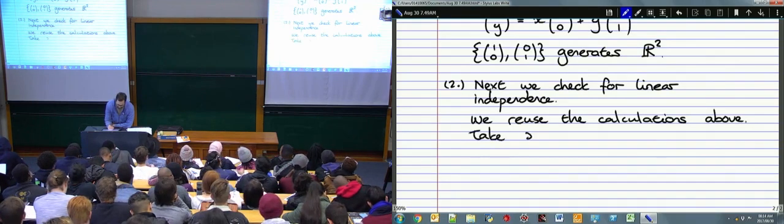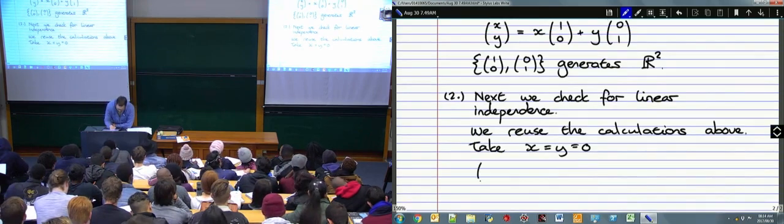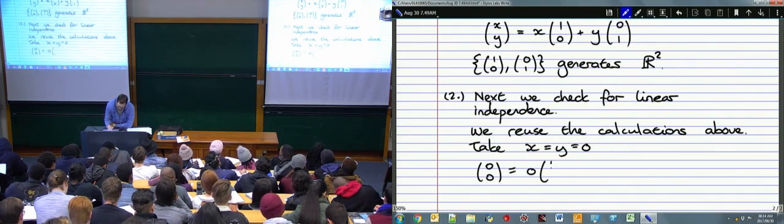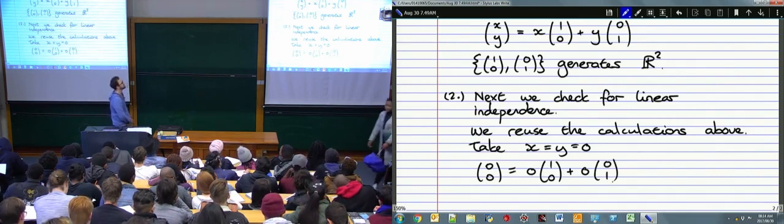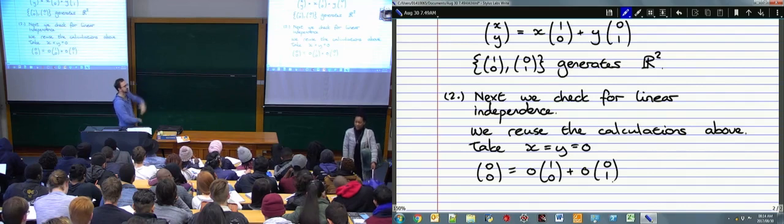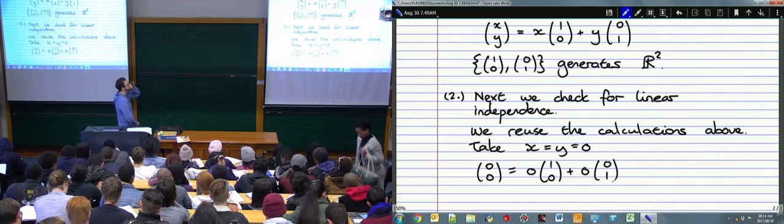Take x equal to y equal to 0. And that tells us that (0, 0) is 0 times (1, 0) plus 0 times (0, 1). So that's the only solution that works. There was a unique solution when we did this Gauss reduction because we had 2 unknowns and 2 pivots.